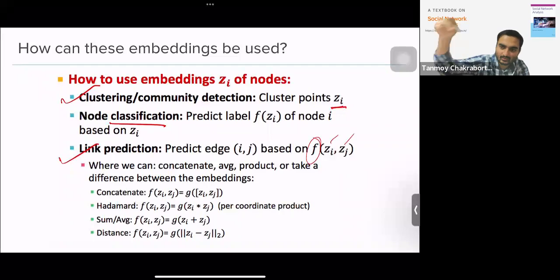So you know the representation of two nodes i and j. Now you can get some sort of combination of these. You can simply take the concatenation to get the embeddings of the pairs of nodes. There can be an edge, there cannot be an edge, right? You can take a simple Hadamard product. You can take some average, distance, whatever you want, right?